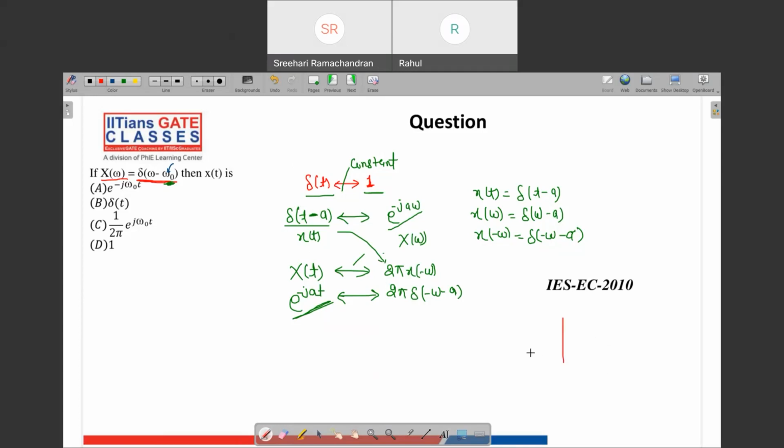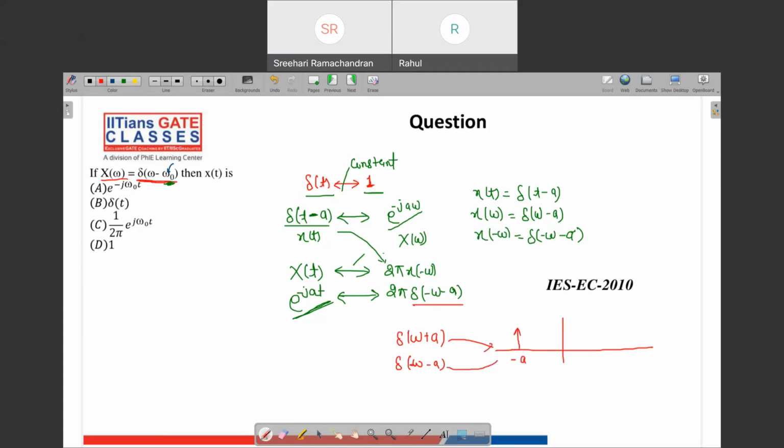Now if you see this impulse, you can also write this as delta omega plus a. So delta omega plus a and delta minus omega minus a doesn't make any difference. When you plot this delta omega plus a, it will be an impulse located at minus a.